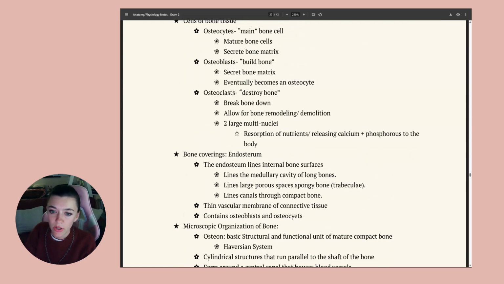They break it down, and they allow for bone remodeling and demolition. They are large and multinucleated, and it helps with the resorption of nutrients, releasing calcium plus phosphorus to the body. So osteocytes, those are the main bone cells. Osteoblasts, those build bone, and then osteoclasts, they destroy it.